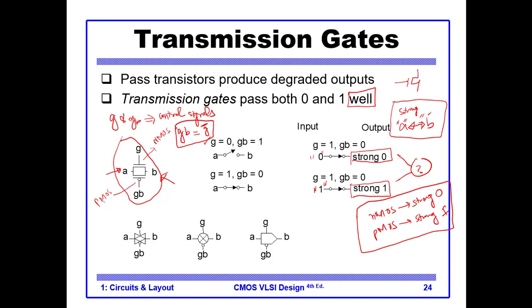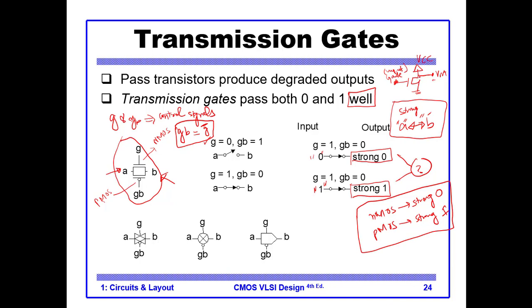In separate NMOS or PMOS, the scenario was like this. So from here you are taking, for example, your V out, and this was your gate, and this gate was your input. So when the gate was, for example, 0, it was closed and you get a strong 0. But when it was 1 and the gate is closed, you get VCC connected to the output.